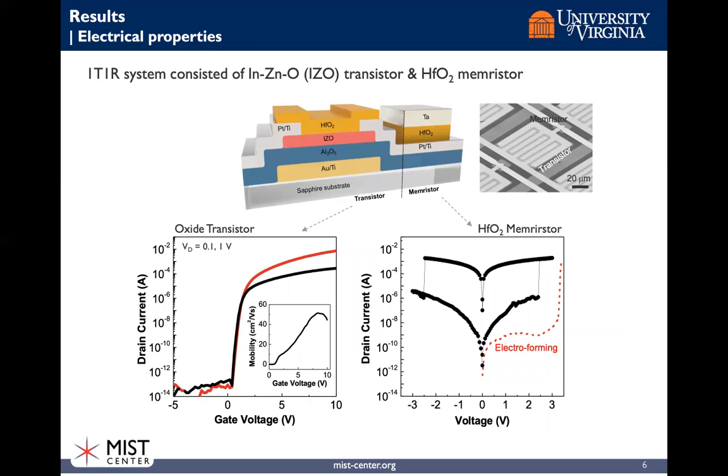Also, it shows low off current, which is a general property of the oxide transistor. Also, the hafnium oxide based memristor, which is fabricated using the ALD process, shows a reasonably high on-off ratio that is sufficient to process the analog computing.